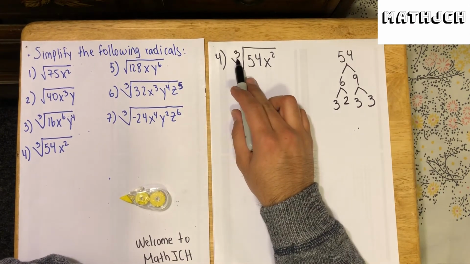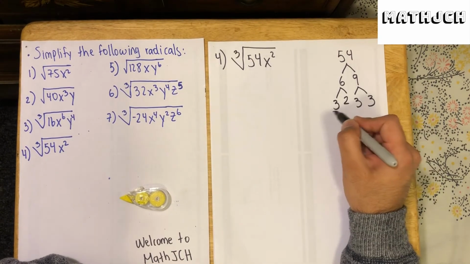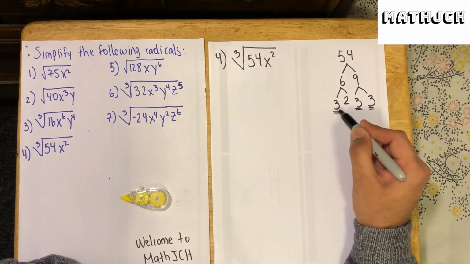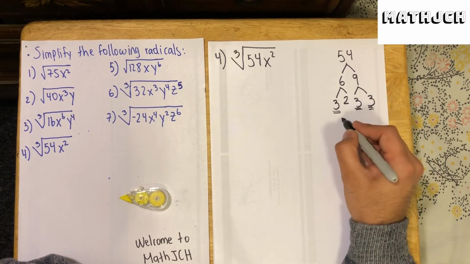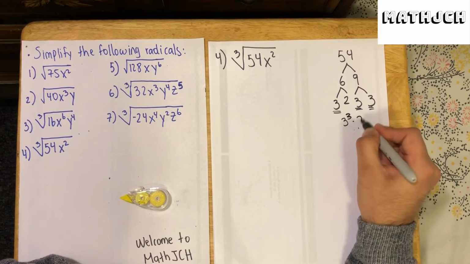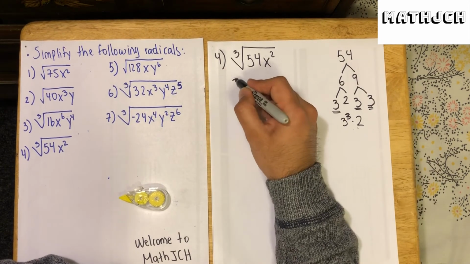Again, my index is 3. So I need to get somehow a number to the power of 3. As you might see here, we already have it. That means that I could rewrite 3 times 3 times 3 as 3 to the power of 3, and then bring down that 2. So 54, I could rewrite it as 3 power 3 times 2.